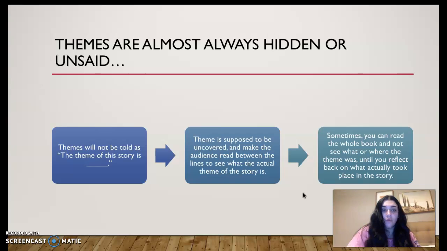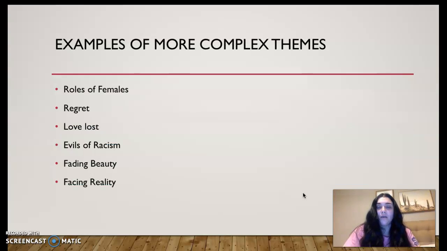Sometimes you can read the whole book and not see what or where the theme was until you reflect back and actually look in between the lines of the story and what you took away from that story. Because sometimes it isn't going to be a common theme or idea among different types of stories. These are more of the in-depth themes, like roles of females, regret, losing love, the evils of racism, fading beauty, and facing reality.